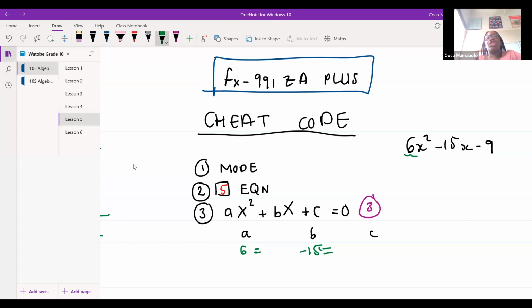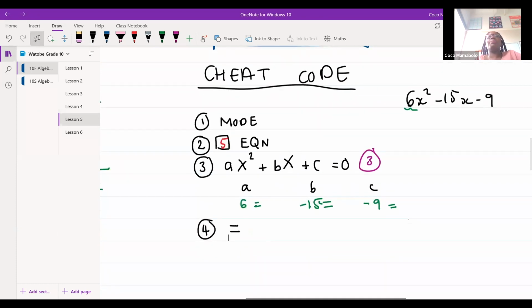Then you're going to click negative 9 and equals. Right, and then you're going to click equals again, and then something funky is going to happen. I'm so sorry, Shaden. Your calculator is going to do this. It's going to go x1.